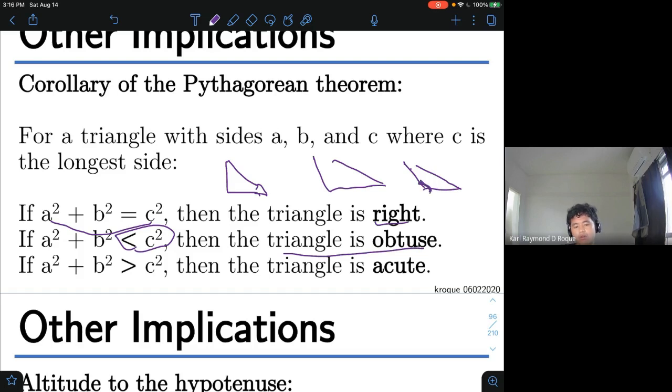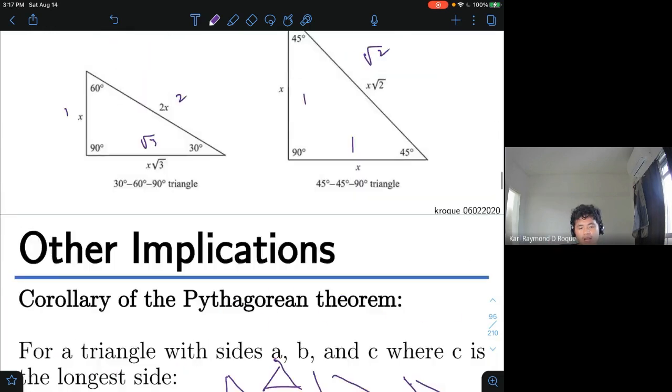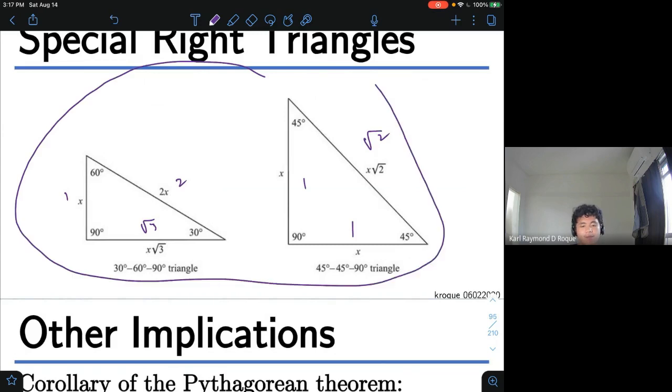Otherwise, the triangle is acute. Imagine if you shrink it, that's the right triangle. There's something extra. If a squared plus b squared is greater than c squared, acute. That's how I remember it. I hope you have a mnemonic to memorize this already.